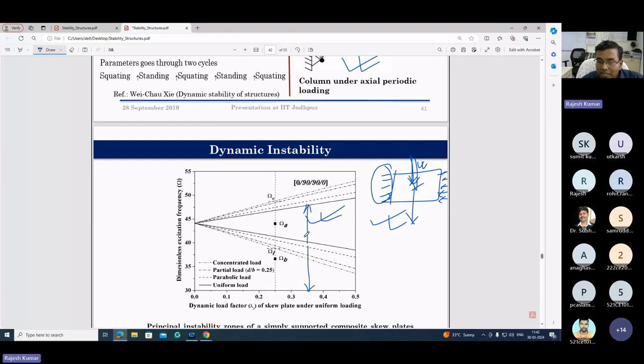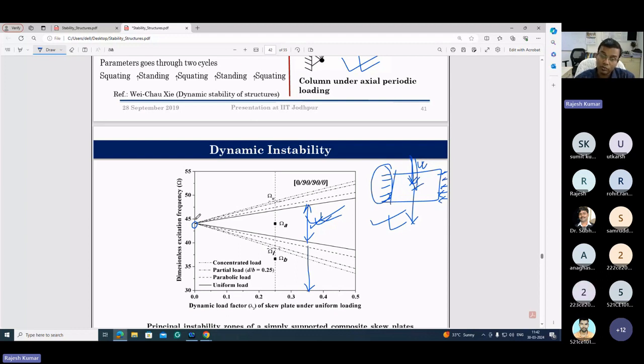This is the range of frequency where a structure will be dynamically unstable. Not only one frequency, a lot of frequencies are involved. When loading amplitude is 0, you have exactly one point, where twice the loading frequency equals the structural frequency, and the system will be dynamically unstable.